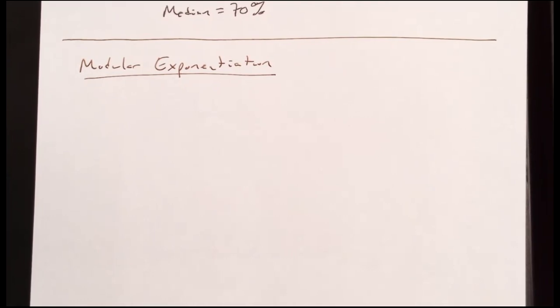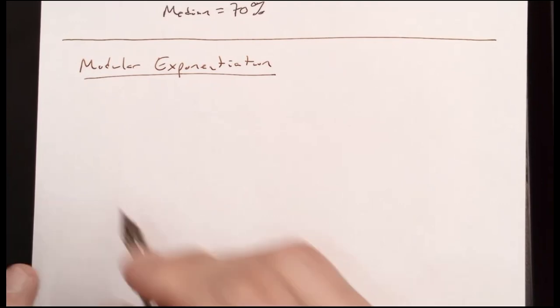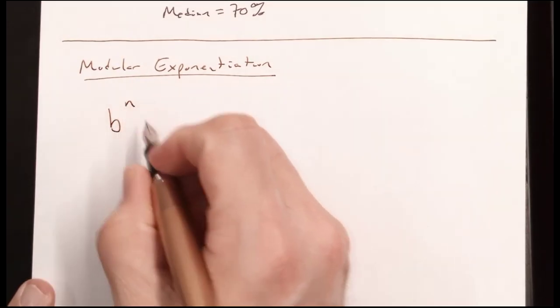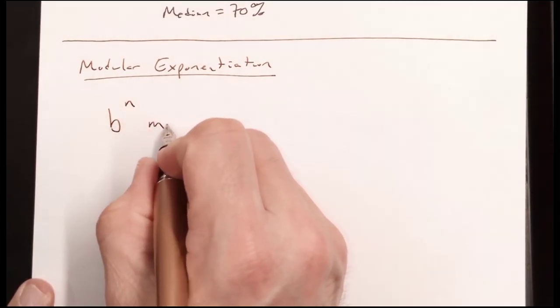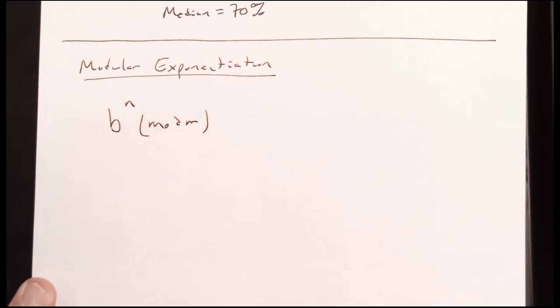One of the important calculations we do in encryption is to take some number, raise it to a very large power, and then take the result mod some number m. Now the question is, how do I do this in an efficient fashion?